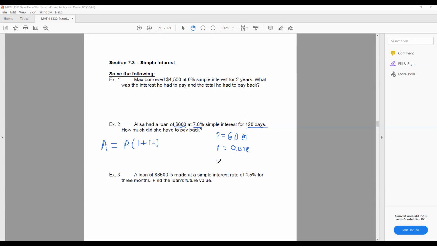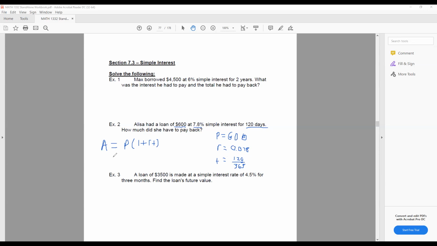Time though, that'll be 120 out of 365. So you got to rewrite it like this. In the homework, they should tell you what a year is. So maybe they'll say 364 or something. It should be 365 though. So plug all of this in here, and you'll have the answer.